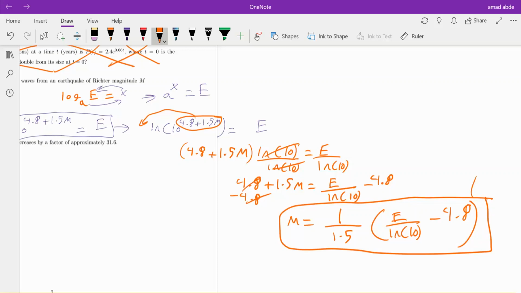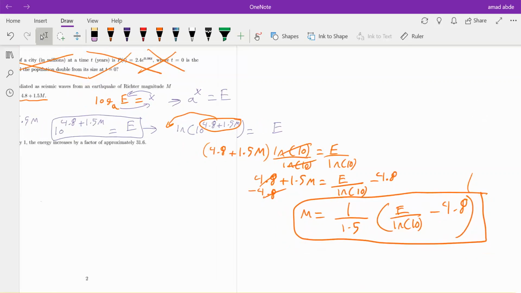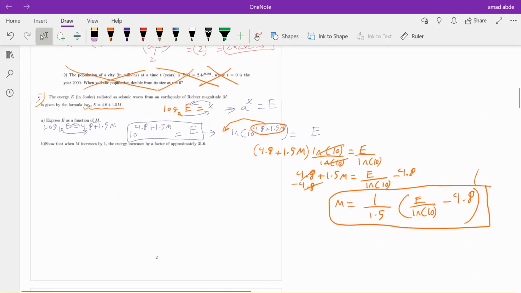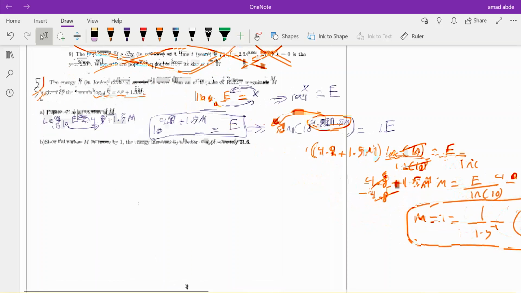Now, for the second part: show that when m increases by 1, the energy increases by a factor of approximately 31.6. Okay. For this question, we're going to go back to the equation that we wrote at the beginning.